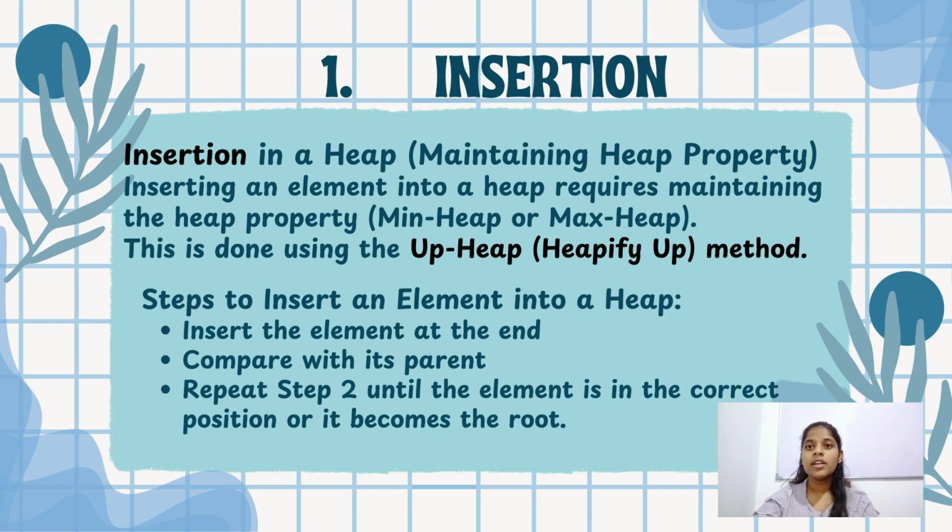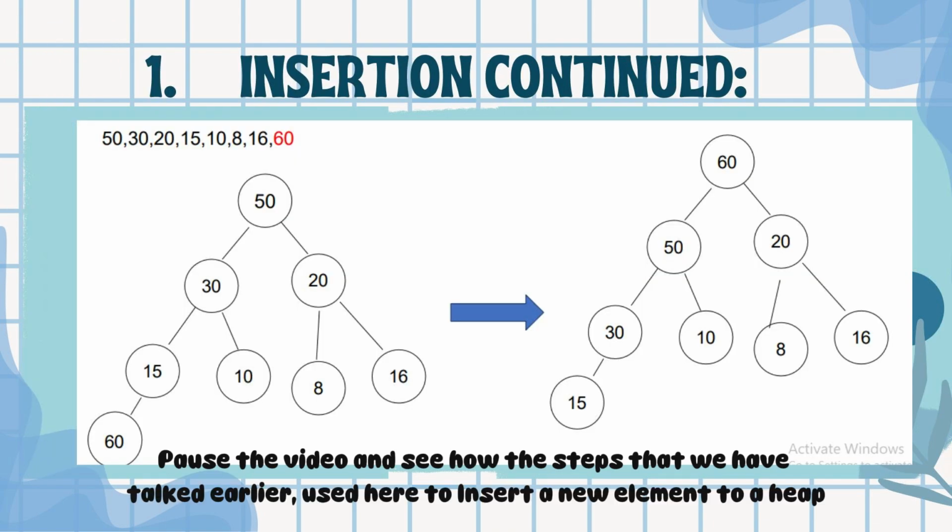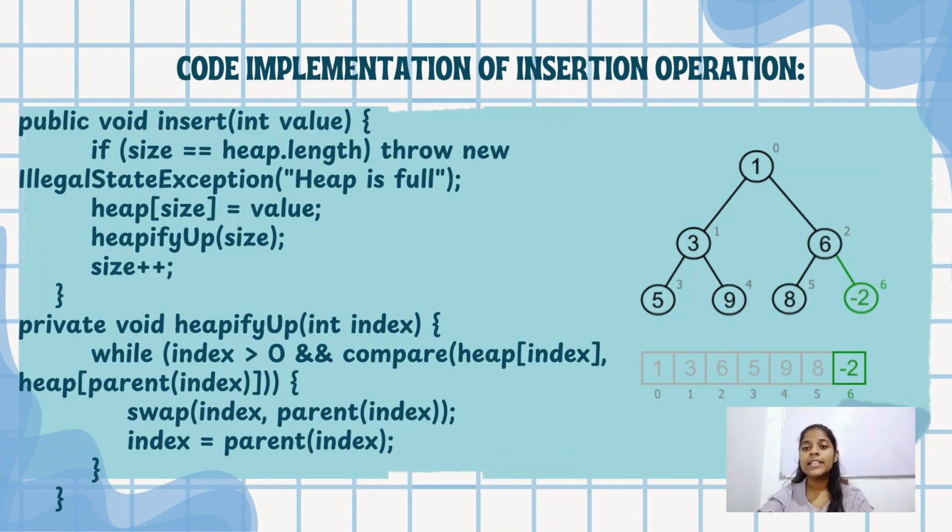If the heap is a min heap, swap if the new element is smaller than its parent. If the heap is a max heap, swap if the new element is larger than its parent. Third, repeat step 2 until the element is in the correct position or it becomes the root.